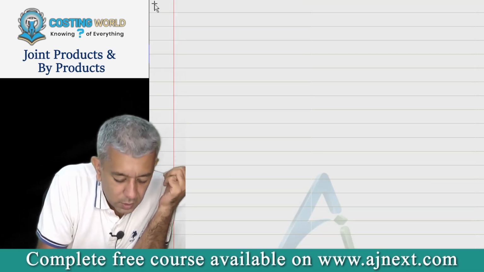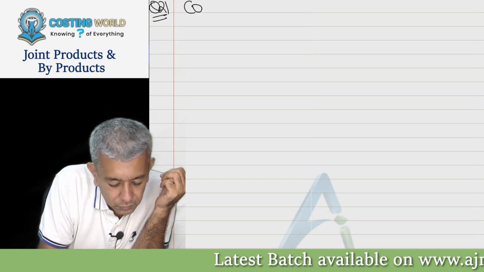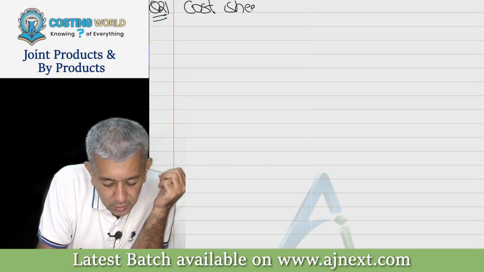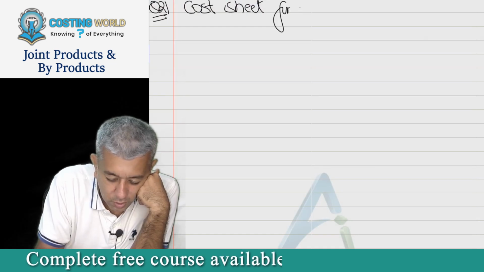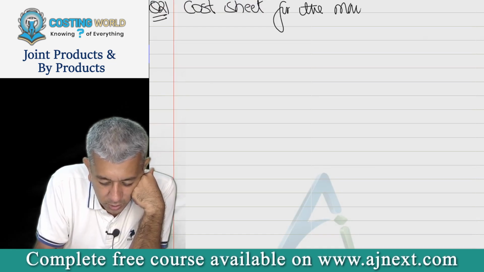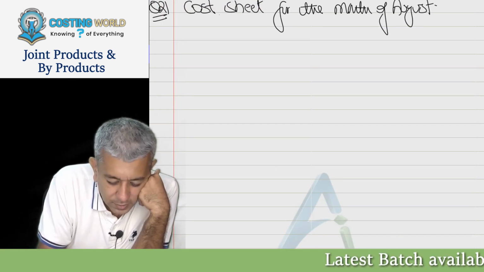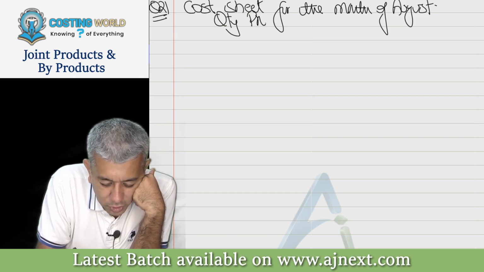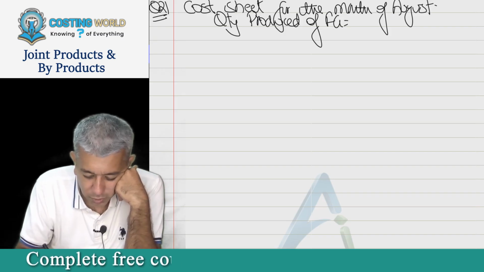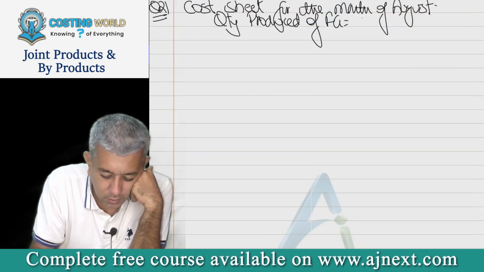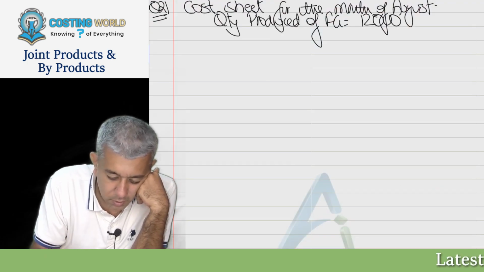Question 21. Cost sheet. I guess this is for the month, na? August, yeah, for the month of August, and I'm trying to bring the memories of cost sheet back. Quantity produced of finished goods, 12,000.